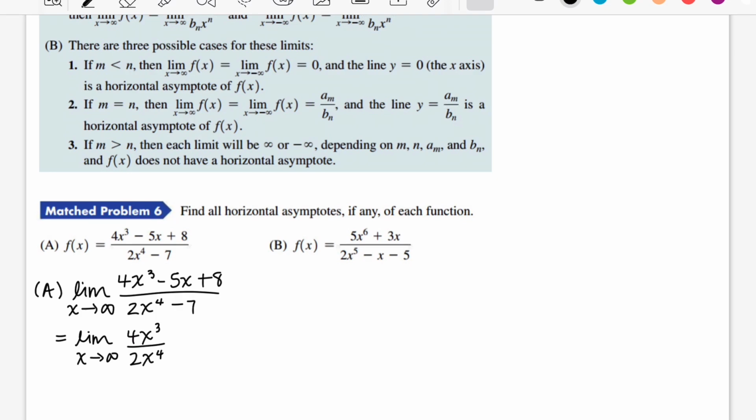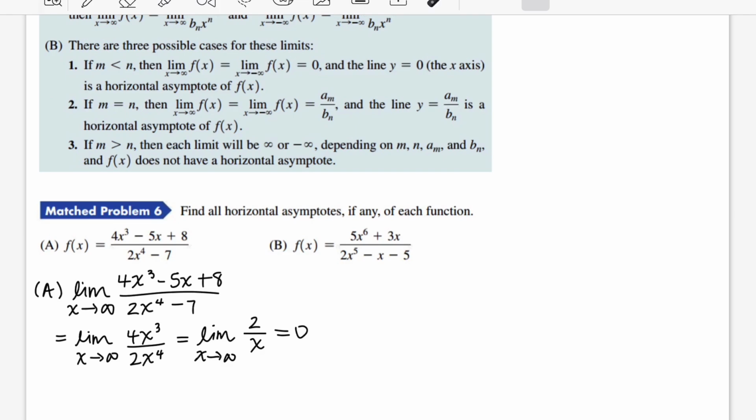All right, now this is pretty simple. Simplifying this, we get the limit of 2 over x as x goes to infinity. And then we know that as x gets bigger and bigger in the denominator here, this number is going to get closer and closer to 0. So this is equal to 0.